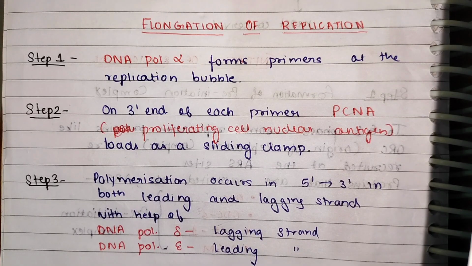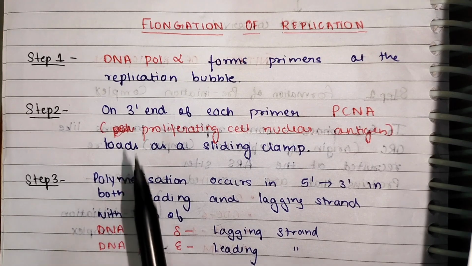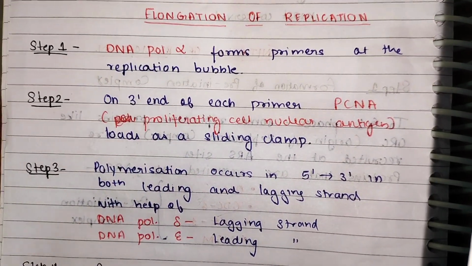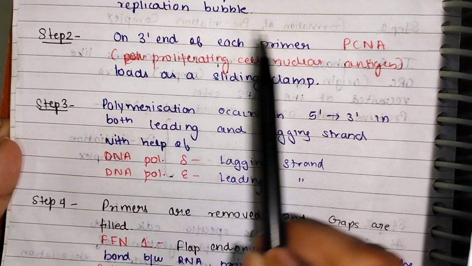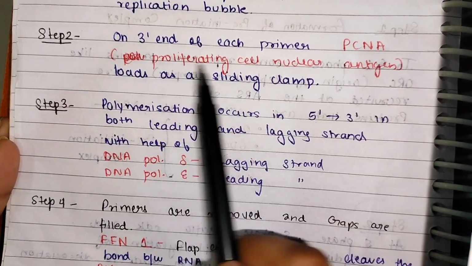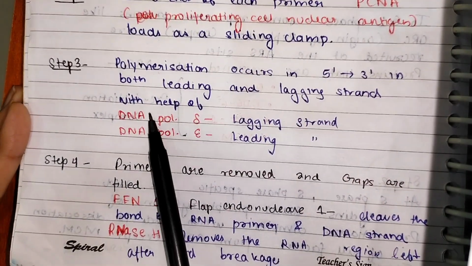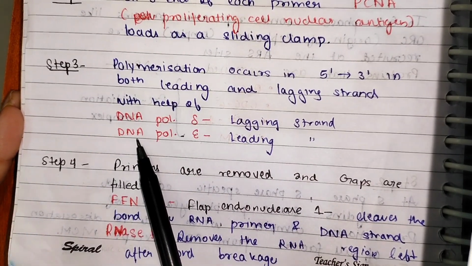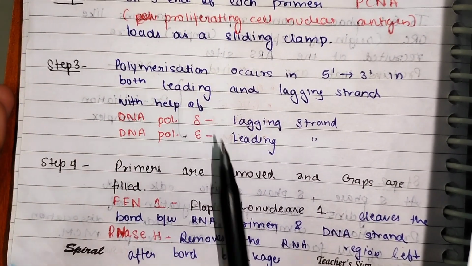So what are the steps? Again, the DNA polymerase alpha will form primers at the replication bubble, and on the 3' end of each primer, PCNA is recruited as a sliding clamp. Then DNA polymerase delta will perform polymerization on the lagging strand, and DNA polymerase epsilon will perform the polymerization on the leading strand.